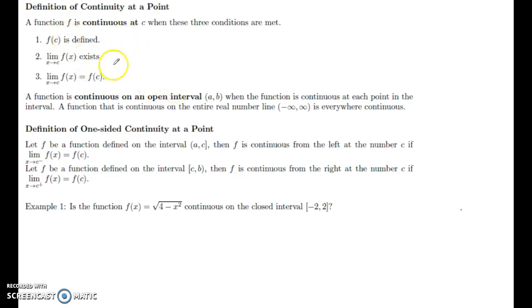Now for number 2, the limit exists, we must verify that either by direct substitution, factoring, or conjugate to calculate the limit, or we make sure the limit as x approaches c from the left of f of x equals the limit as x approaches c from the right.